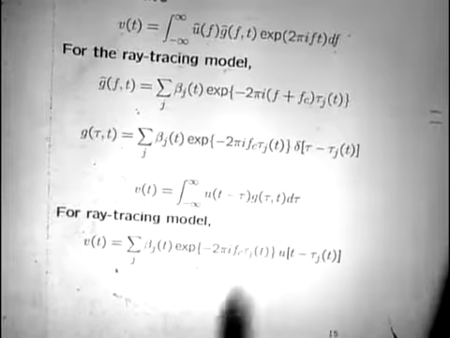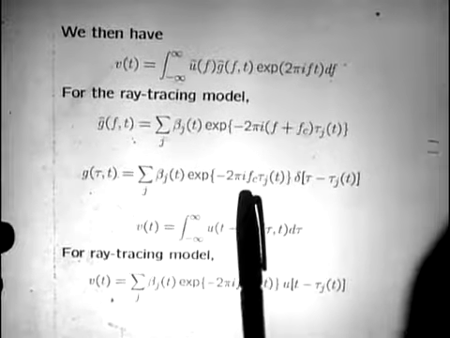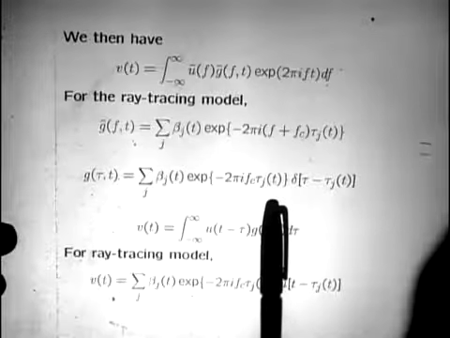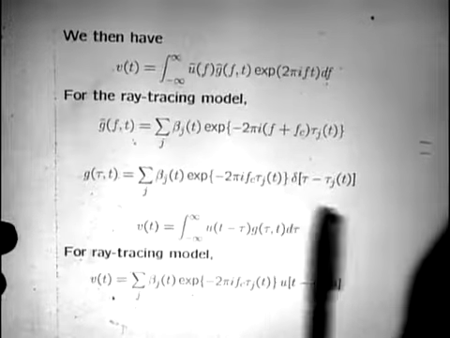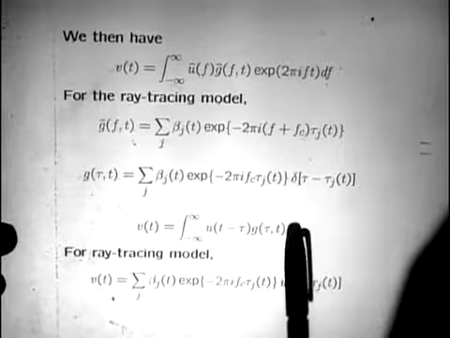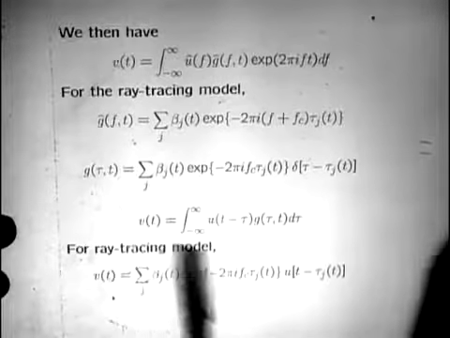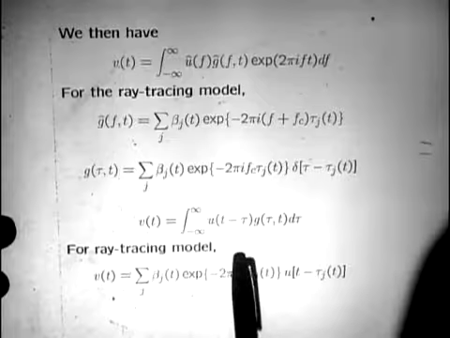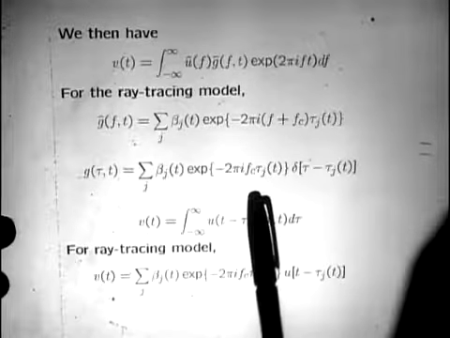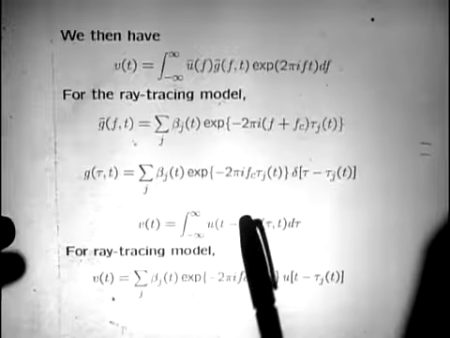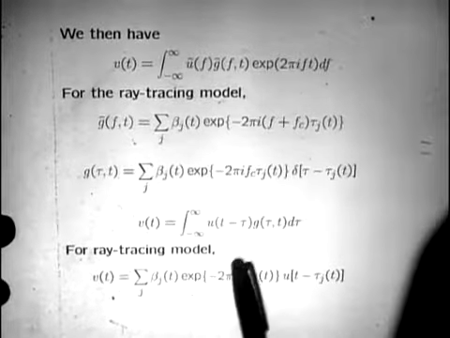This is the same as we had before, with the difference that now we're stuck with this carrier frequency times propagation delay, which is occurring in time t. We still have the same delta functions here, and the output v of t is the same time-varying convolution as we had before. I mean, I'm doing this much too fast for you to follow this in real time.